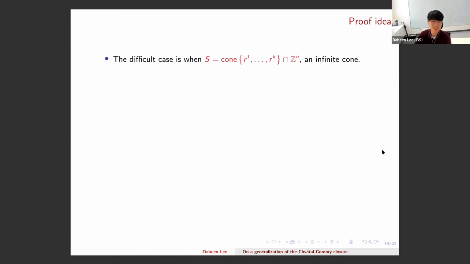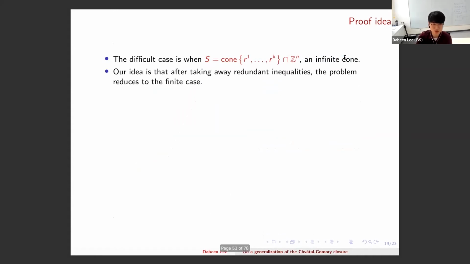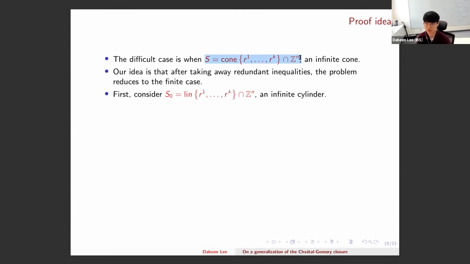So the difficult case is obviously when you have infinitely many integer points. The difficult case is when S is an infinite cone. But we want to get back to the finite setting somehow. So what we do is we take a relaxation of this integer set. Instead of taking just non-negative combinations, we take any linear combinations.